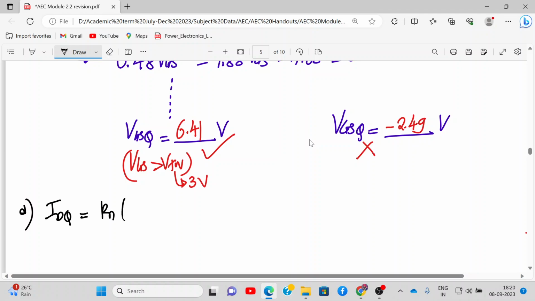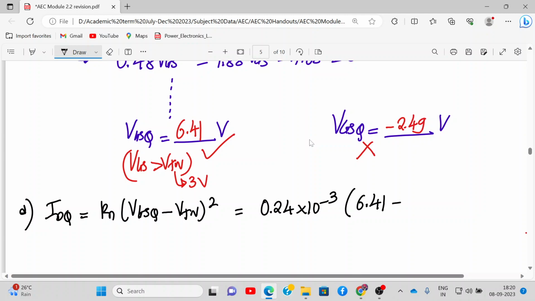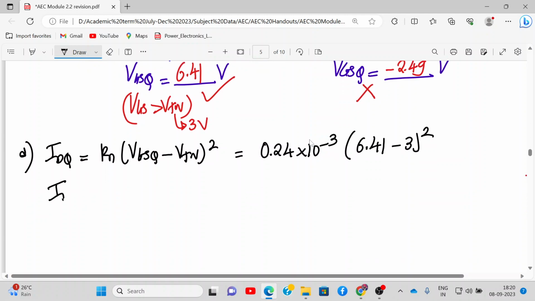IDQ will be Kn times VGSQ minus VTN the whole square. That will be 0.24 into 10 raised to minus 3 into (6.41 minus 3) the whole square. So calculate this IDQ. It will be 2.79 milliamperes. Please check this value.